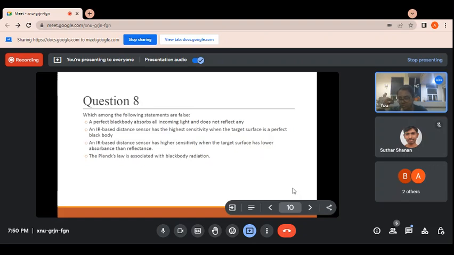What is the right answer? Ma'am, I think the third option, ma'am. And what about the second option? Second option right, ma'am: an IR-based distance sensor has the highest sensitivity when the target surface is a perfect black body.